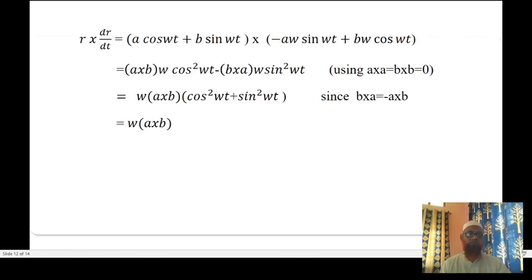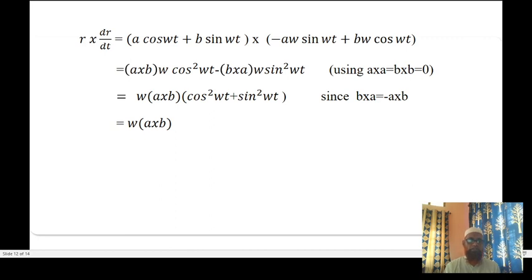So r cross dr by dt: substitute the value of r. r is the given vector, a cos wt plus b sin wt, cross dr by dt, which is minus a w sin wt plus b w cos wt. By simplifying and using a cross a is 0, b cross b is 0, this is a property. So a cross a first term is 0. So a cross b w into cos wt into cos wt, cos square wt.